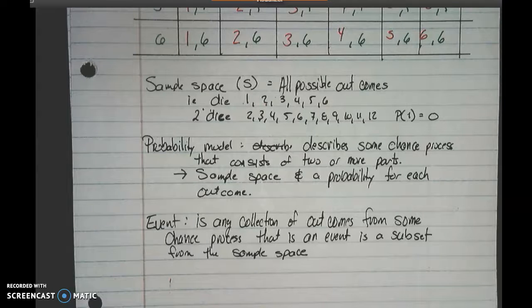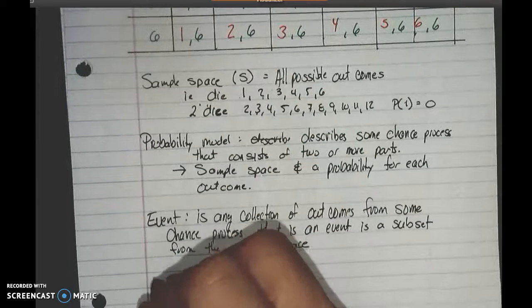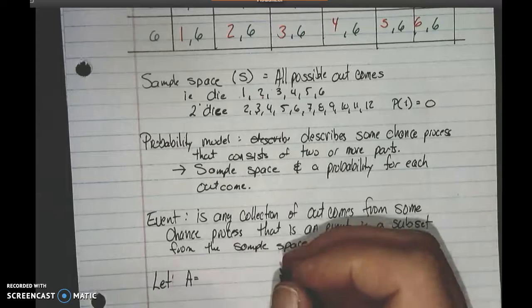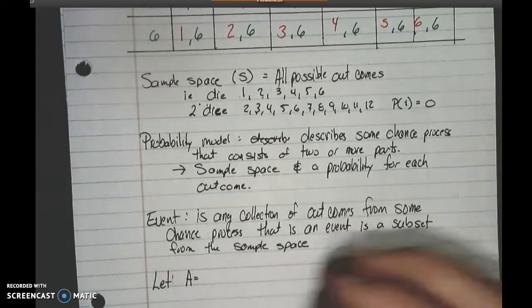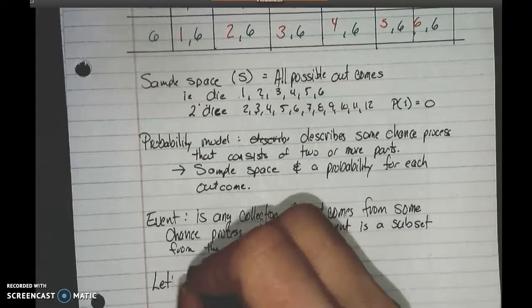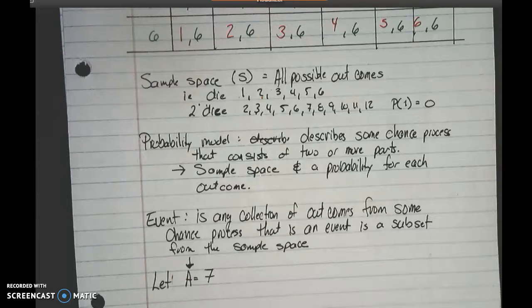All right. So what we're going to do is start off with, let's say, let A equal 7. So this is my event. I want you to know that we're just looking at 7.